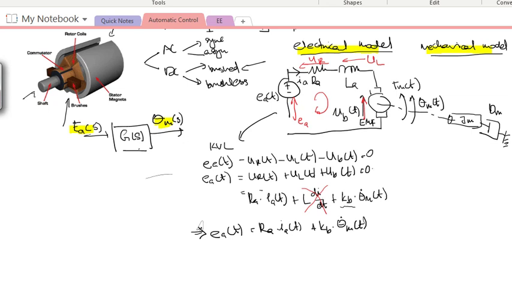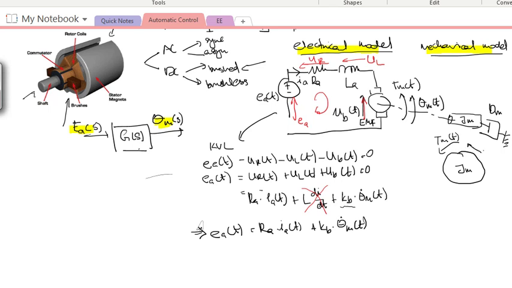So let's go to the mechanical part. What are the equations that can come from our mechanical model? If you want to create an equation of a mechanical system, you do your FBD. So let's say we do our FBD on our shaft of the rotor, Jm. It rotates, it has a certain input electromagnetic torque, Tm, that comes from the motor, of course.